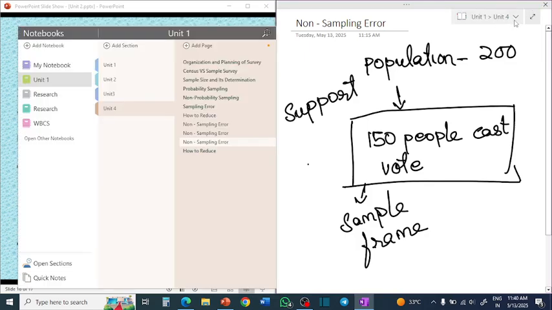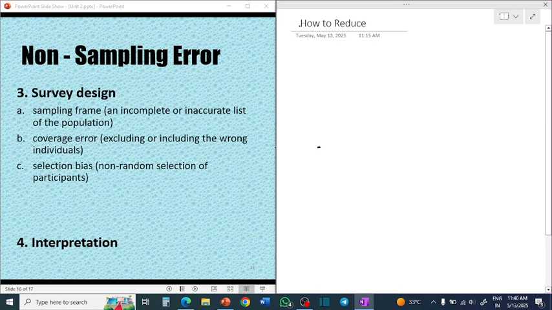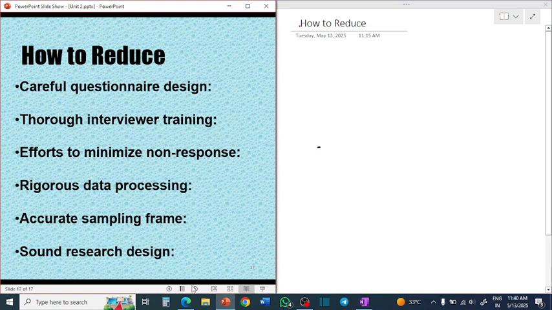So now we will see how we can reduce these particular types of error. First, we have to carefully design that particular questionnaire. Second, we have to do a thorough training before we go on to collect the data.